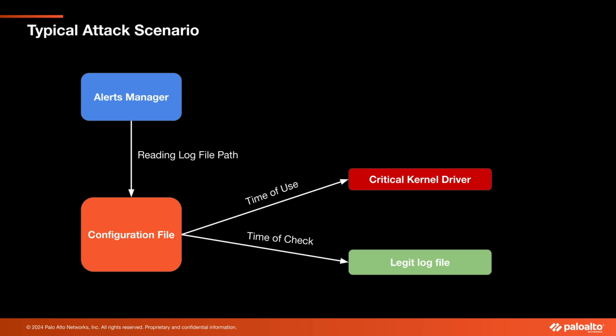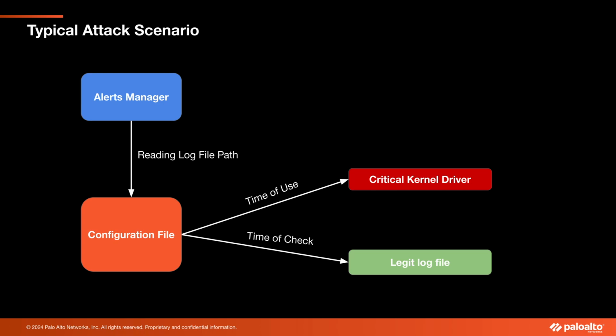So this is a typical attack scenario. Let's say in an ICS environment, there is an alerts manager which tries to send an alert, and if something goes wrong, it needs some sort of log file to write what happened. In the configuration, the administrator defined a log file path.